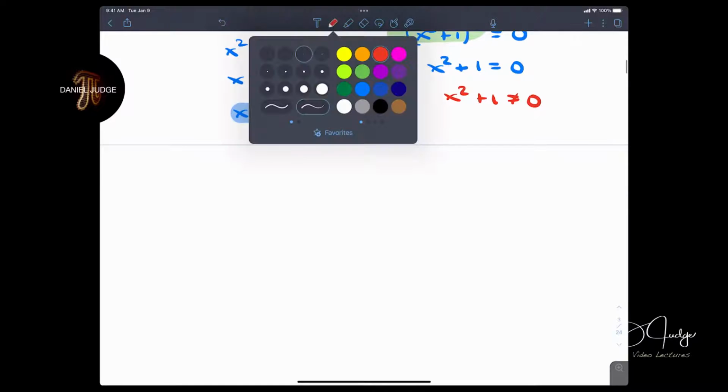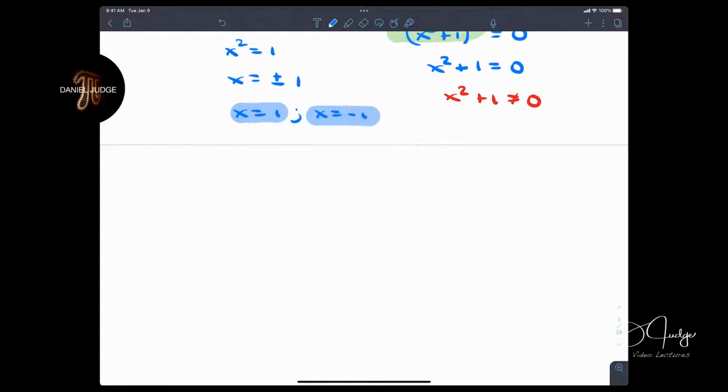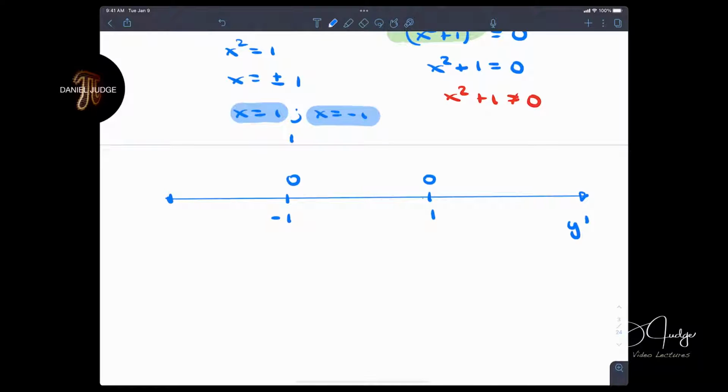So in sign analysis, since the domain is all real numbers, we're going to check the signs on this first derivative. 0 at -1, and +1 here. Okay. So we have 3 regions here.